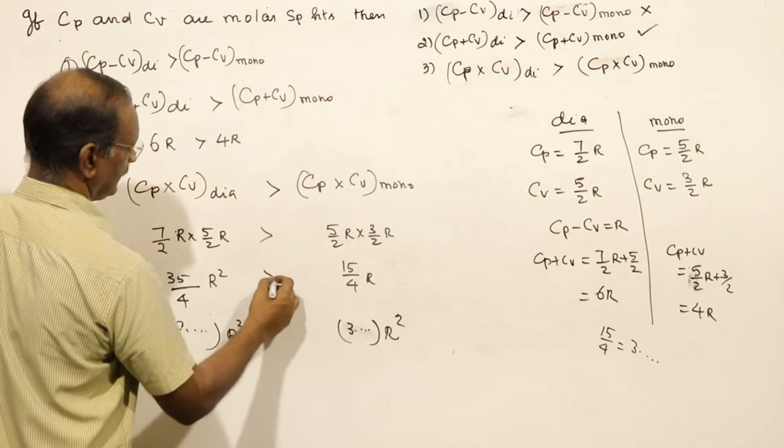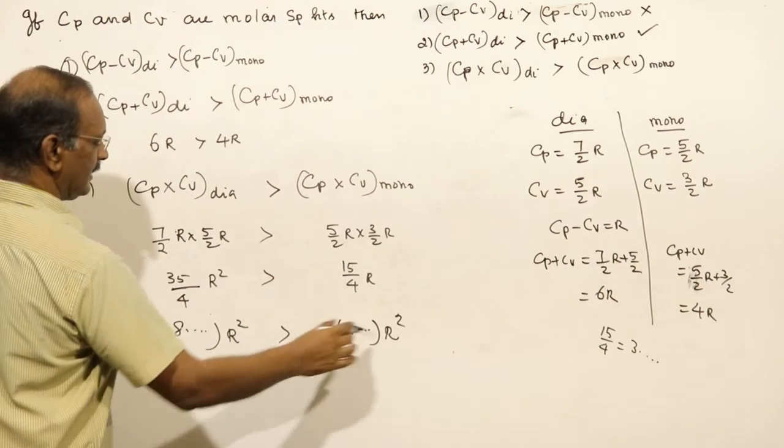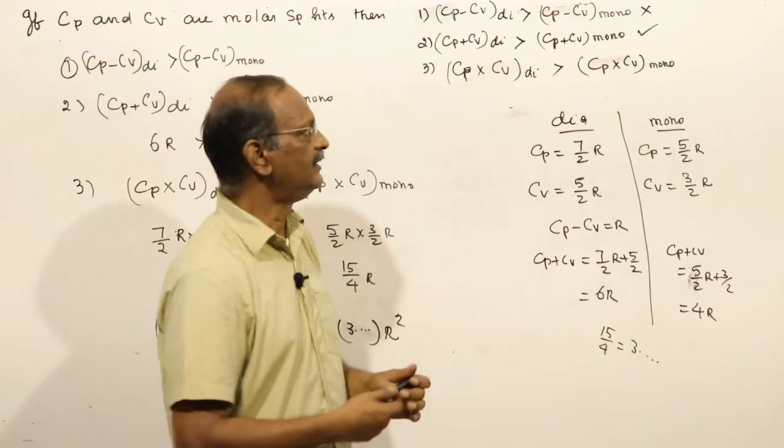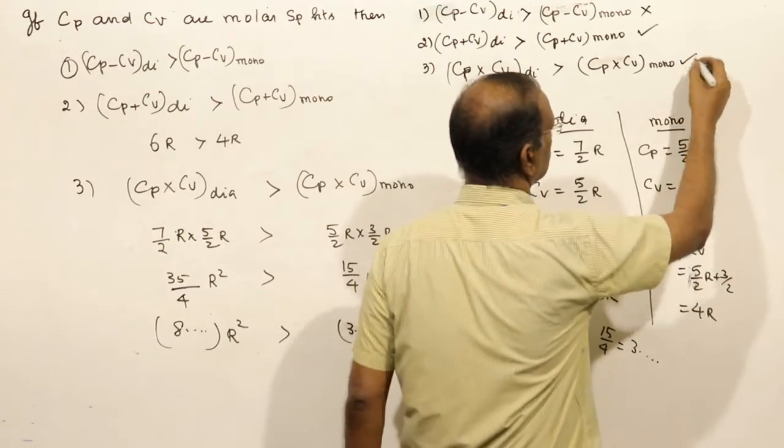Obviously R square gets cancelled. 8 point something is greater than 3 point something. So this option is also right.